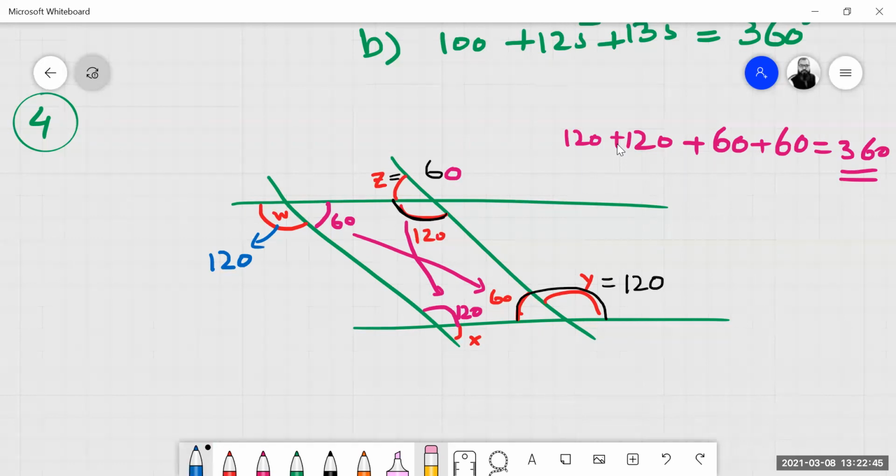Because 180 is the total from here to here. So how can W be 180? This will be 120. If it is 120 from here to here, what will be the value of X?